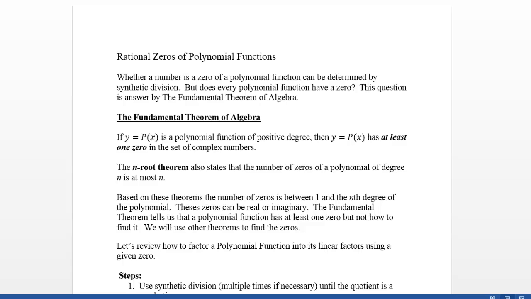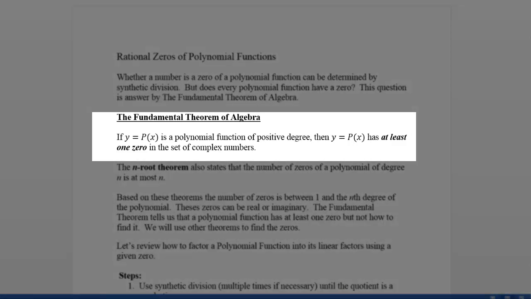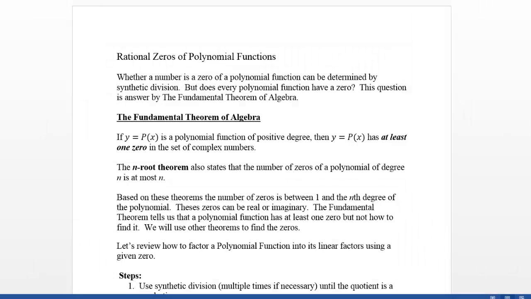The first one is the fundamental theorem of algebra, and as you can see, it basically says if the degree is positive for the polynomial, which it should be, then it has at least one zero in the set of complex numbers. Now, that really doesn't narrow it down for us all that much. We figure it's going to have at least one zero, but it is stated in that theorem.